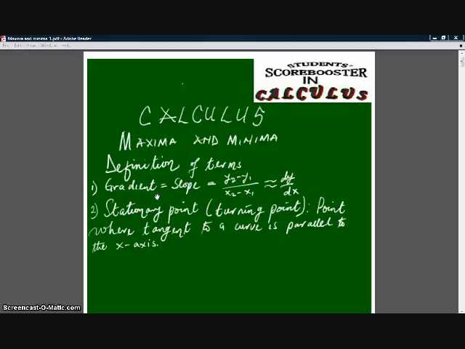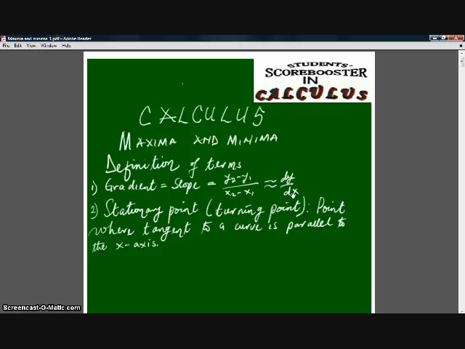From your secondary school days, if you are finding gradients, it used to be y2 minus y1 over x2 minus x1. This is approximately equivalent to dy/dx. So please take note of that.